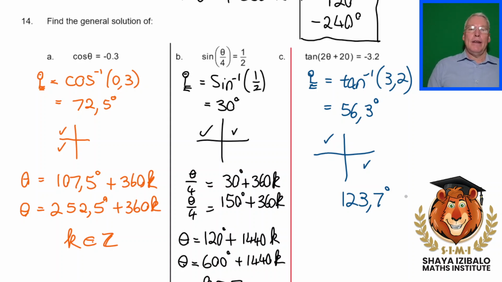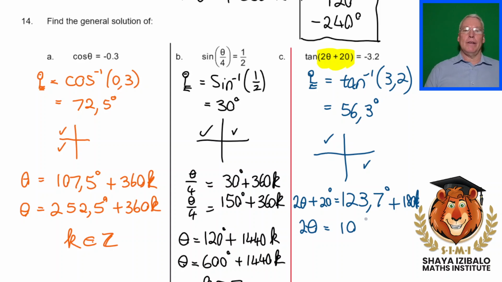Now we can add 180k, because it's tan. But remember, that's not our angle. This is 2 theta plus 20, so that's not theta yet. So 2 theta plus 20 equals that. Now we subtract 20 from both sides and get 2 theta is 103,7 degrees plus 180k.